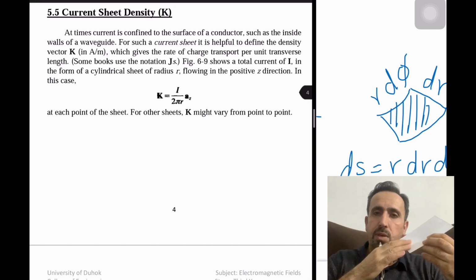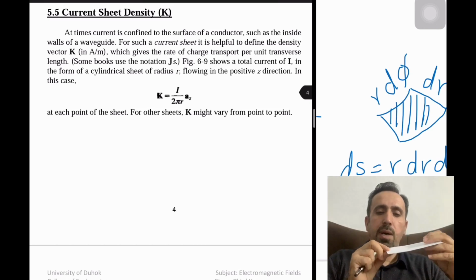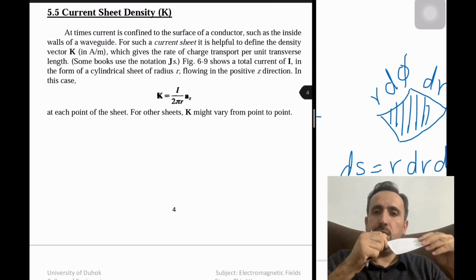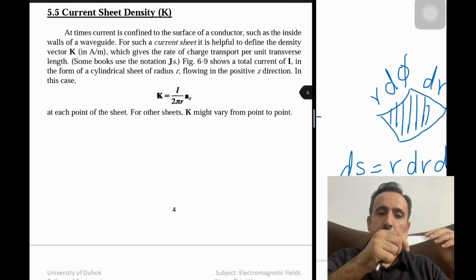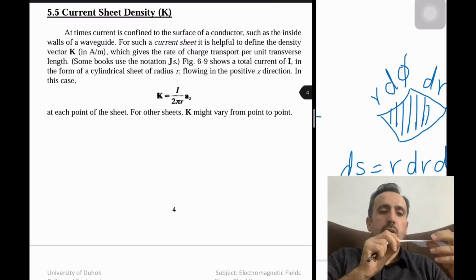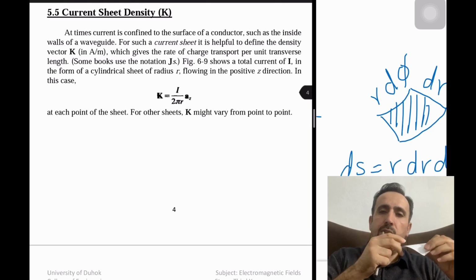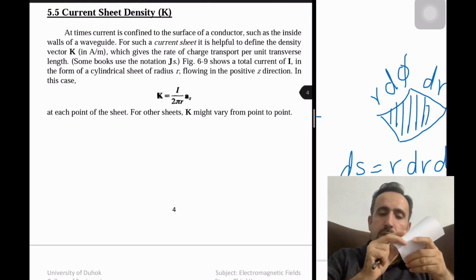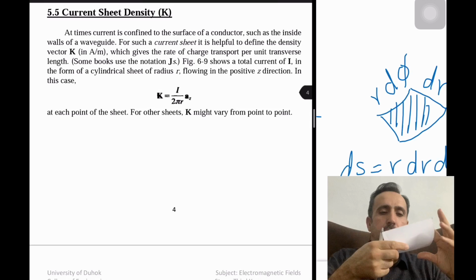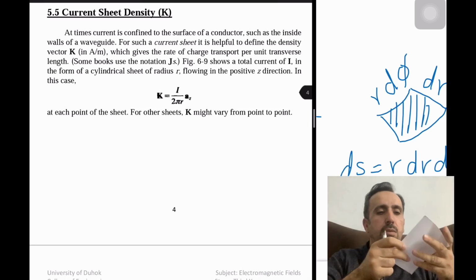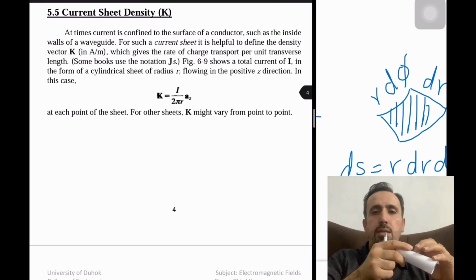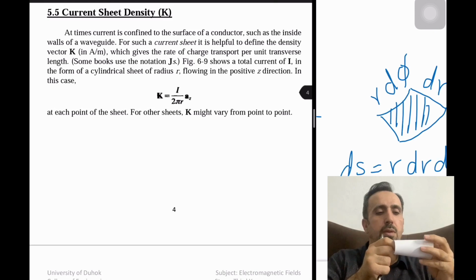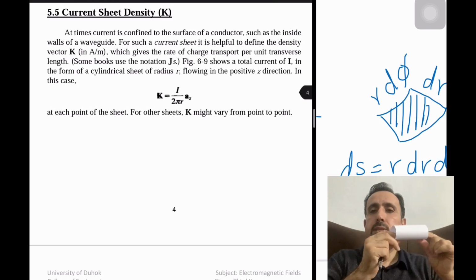This current will flow in, but you may have a certain length, and your current will be distributed all over this length. Even this sheet may be folded like that. If I fold it like that, it will be like a cylinder, for example a hollow cylinder.